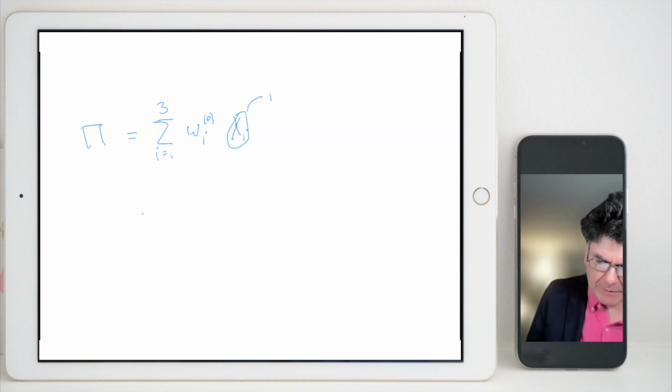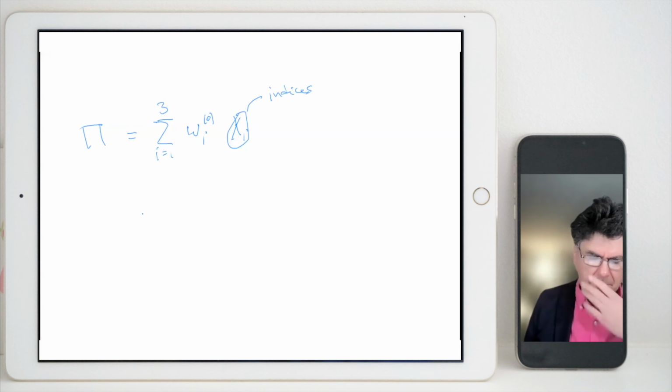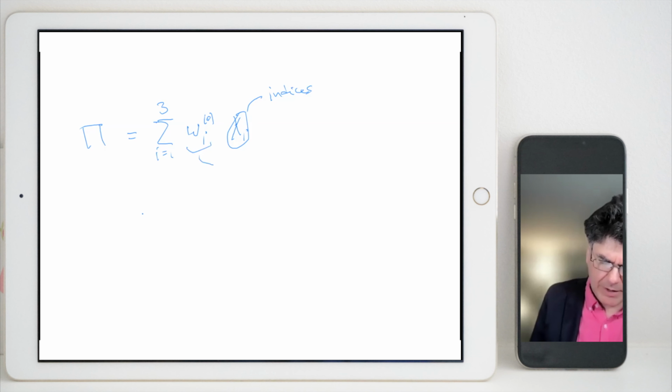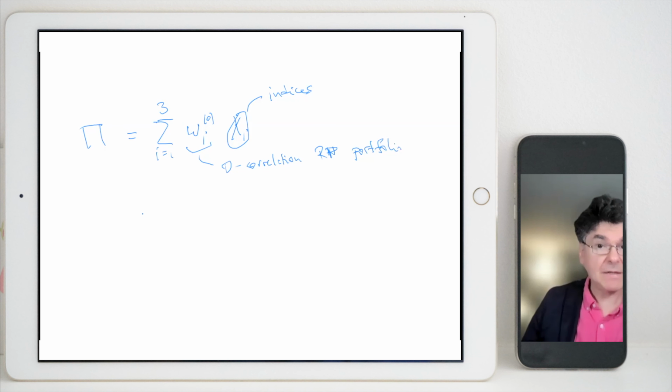These are the indices. Okay. And these are allocations which are given from assignment number 8. These are the 0 correlation risk parity portfolio. Is this clear? Are we okay with? Do you know these numbers? Everybody knows these numbers?